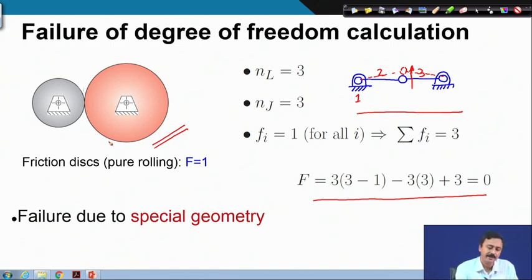The circles will maintain the distance between the contact and the ground hinges. So, this distance and this distance is always being maintained by the circular geometry. So, because of special geometry we have a failure in the degree of freedom calculation.